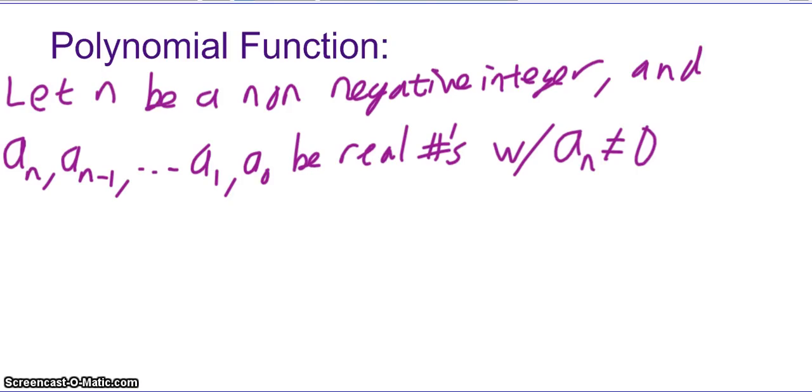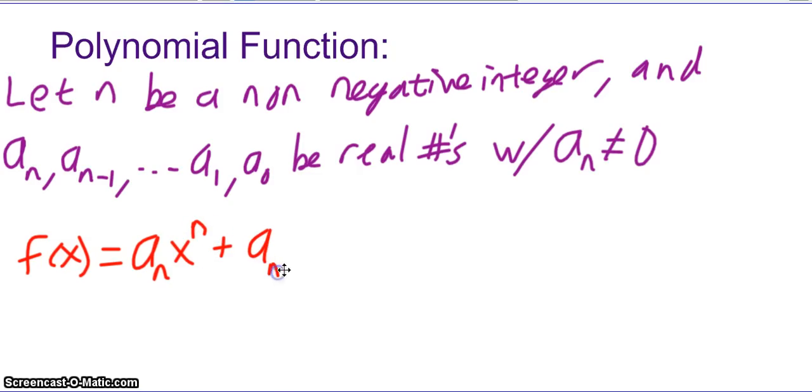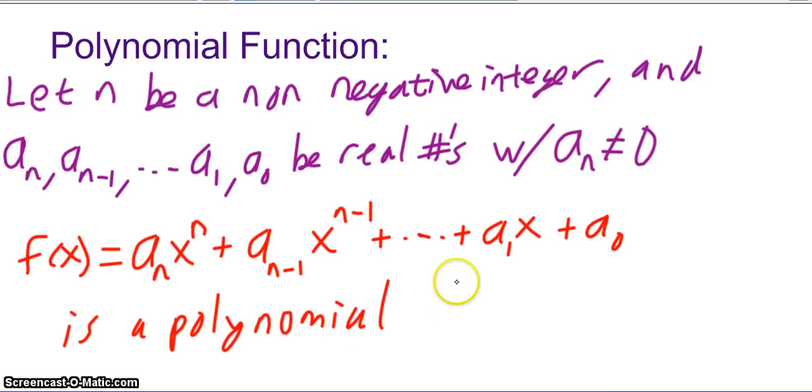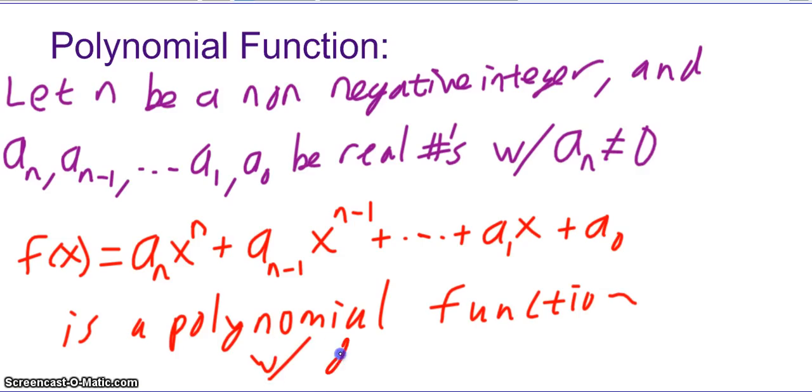Then, if we have this scenario, f of x equals a sub n times x to the n plus a sub n minus 1 times x to the n minus 1 plus and so on, a sub 1 times x plus a sub 0 is a polynomial function with degree n.